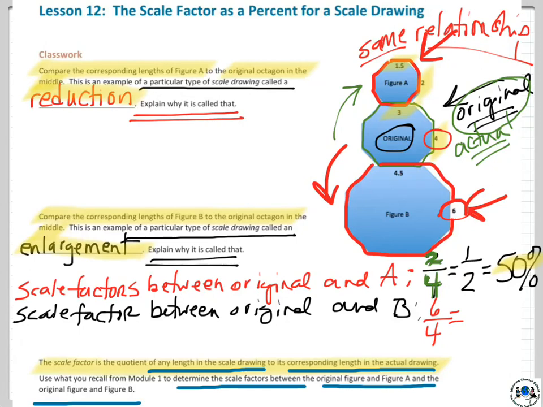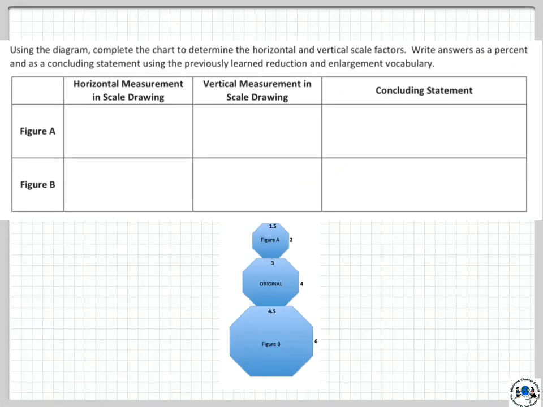It's 6/4, which is more than 1. If we reduce that down to 3/2, as a percentage that is 150%. That makes sense because figure B would have a scale factor greater than 100% since it has been enlarged. So its scale factor as a percent is 150%.